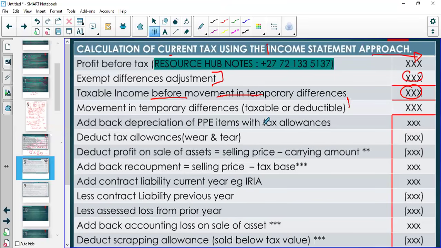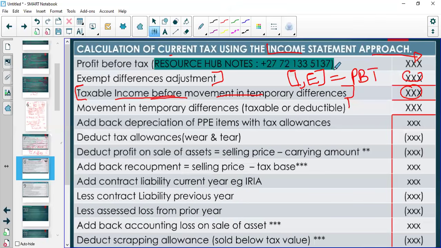So what are we doing from the income statement approach to calculate taxable income? In the income statement approach, we are looking at those income and expenses that were included in calculating profit before tax.